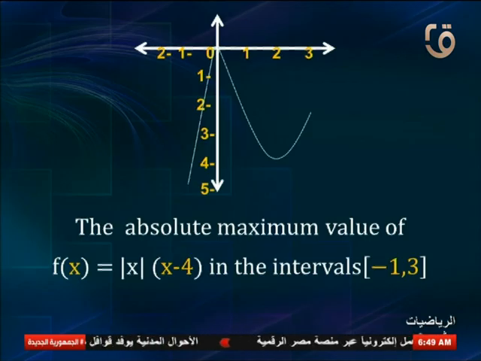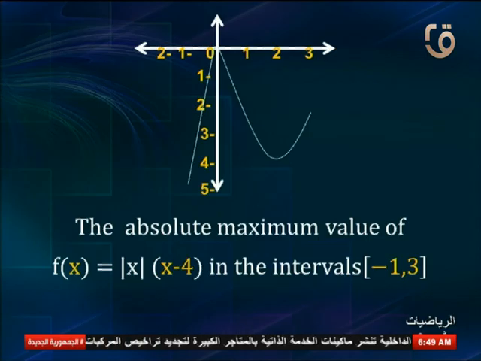My dear student, when we find the absolute maximum or absolute minimum, at first we find the first derivative, and the first derivative must be equal to 0. Then find the value of x.